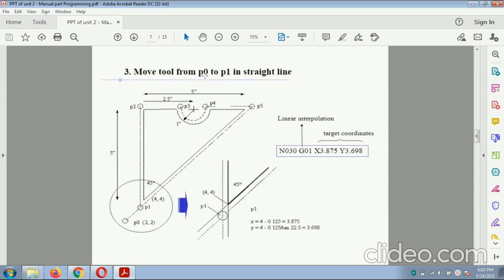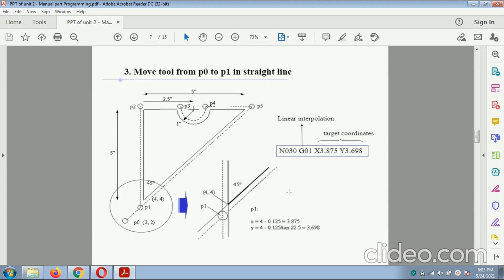Move the tool from P0 to P1 in a straight line. You can move to this position with respect to P0 and P4, where P4 is the point 4 and 4. So the step is N030 G01, which gives linear interpolation because the tool works in a straight line.